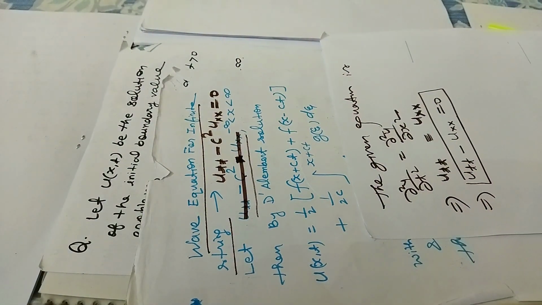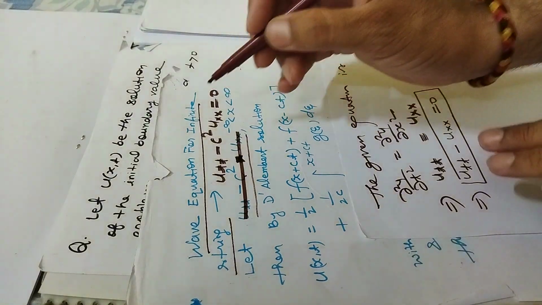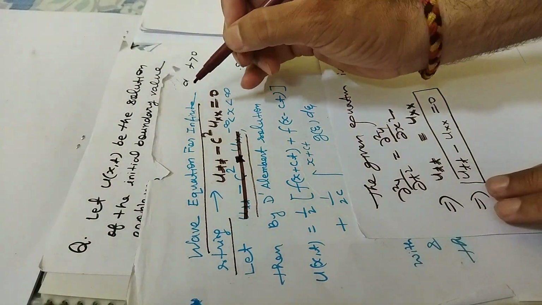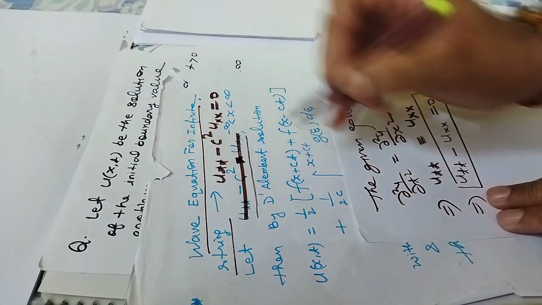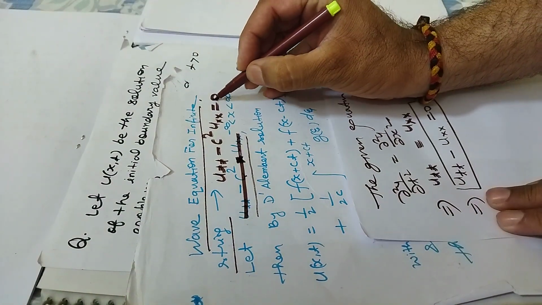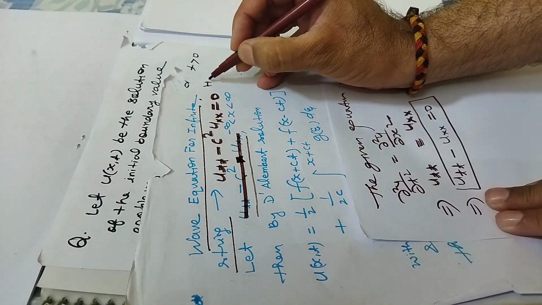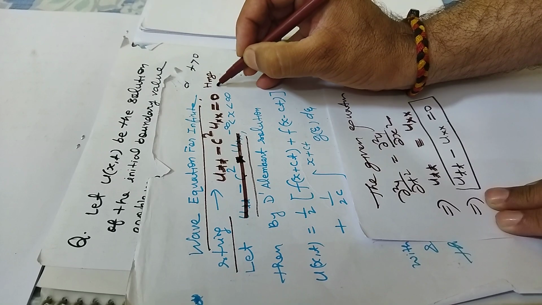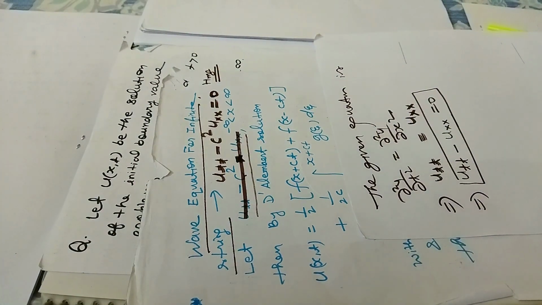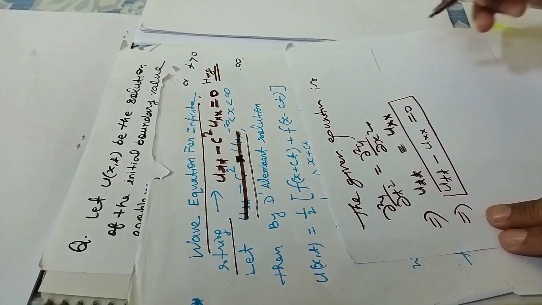This type of equation is called the wave equation for an infinite string of homogeneous type.